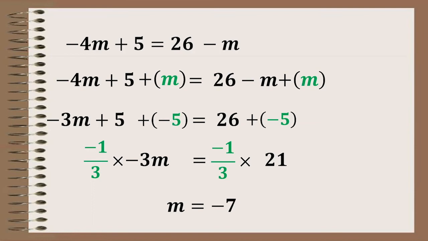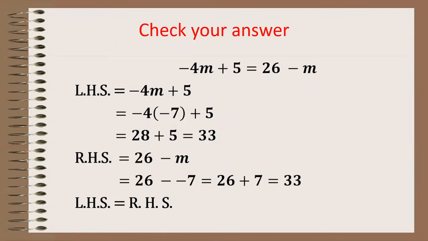Now I need to check my answer. So the left-hand side of my equation is minus 4m plus 5. I replace m by minus 7 because I have obtained minus 7 for m. So this gives me minus 4 times minus 7, which is 28, plus 5, which is 33.